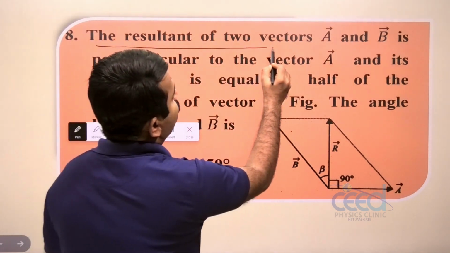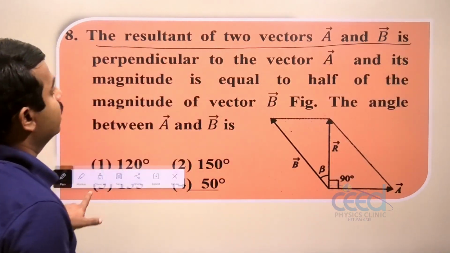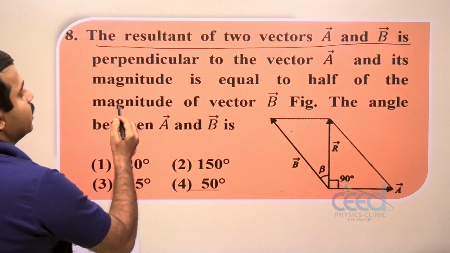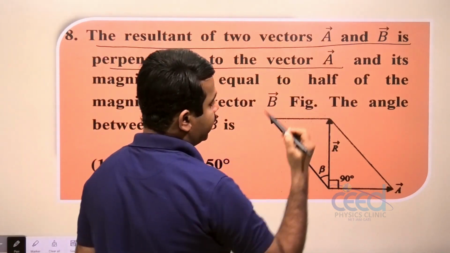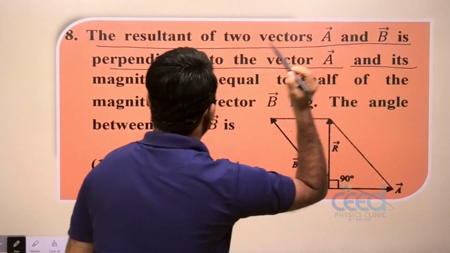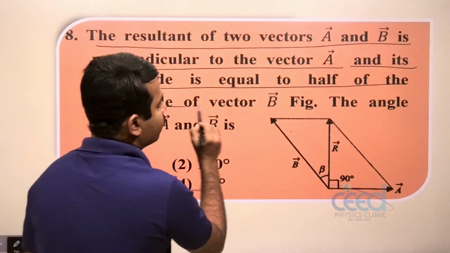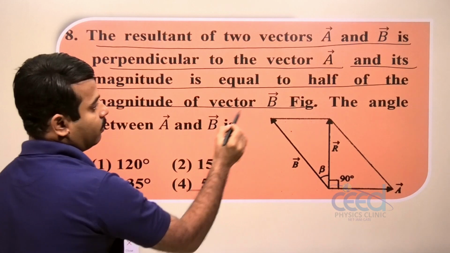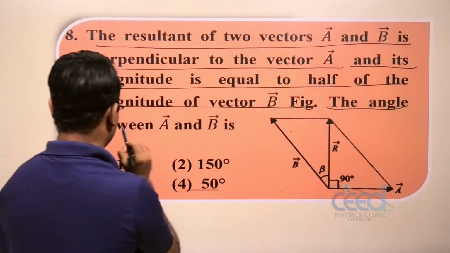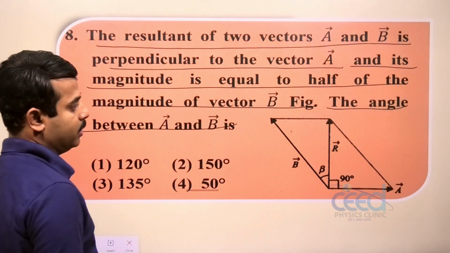The resultant of two vectors A and B is perpendicular to the vector A and its magnitude is equal to half of the magnitude of the vector B, as given in the figure. The angle between A and B is?